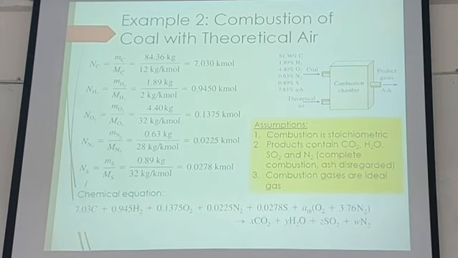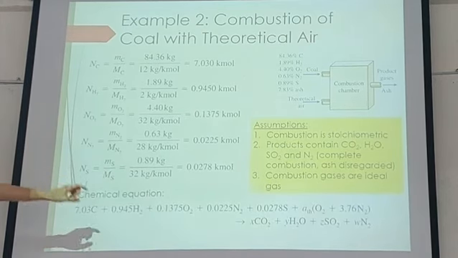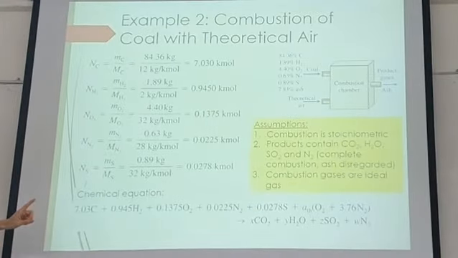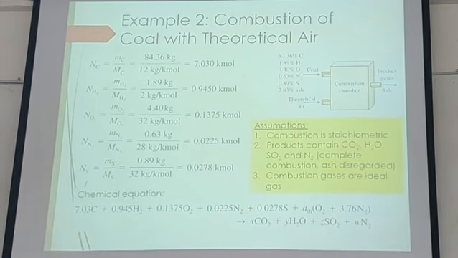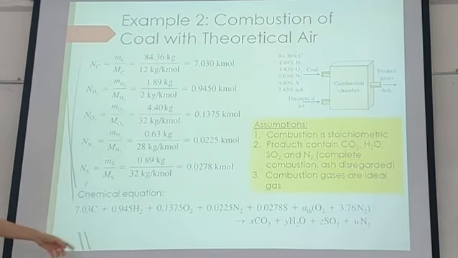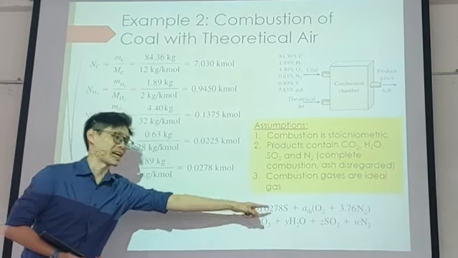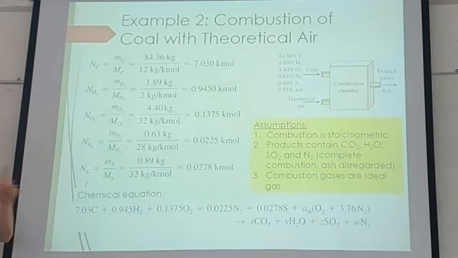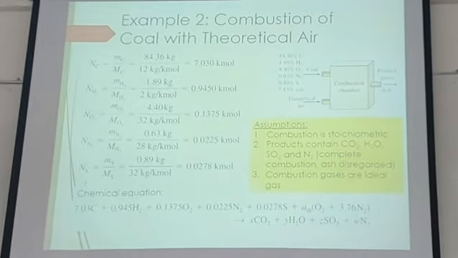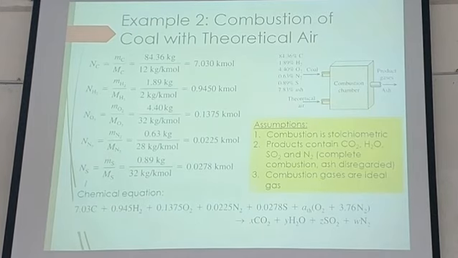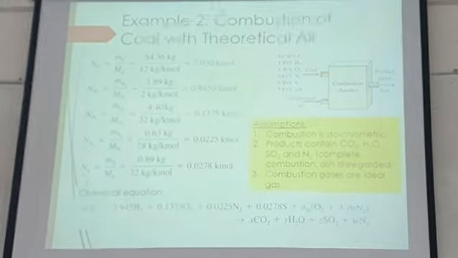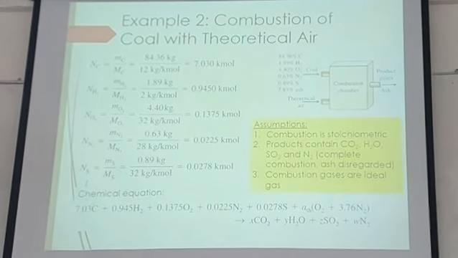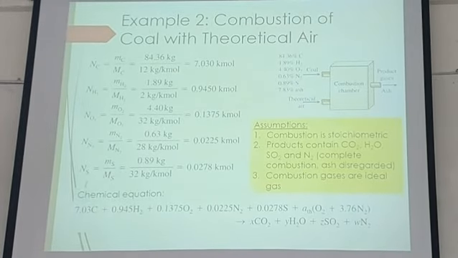Now, based on these assumptions, you can write out the chemical equation here. This chemical equation is a little bit long when you're doing coal because you have too many things: C, H2, O2, N2, S. Why do we want to find the mole fraction? Always remember this: the chemical equation is based on number of mole, not number of mass.